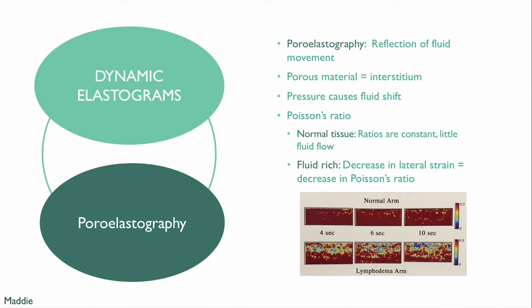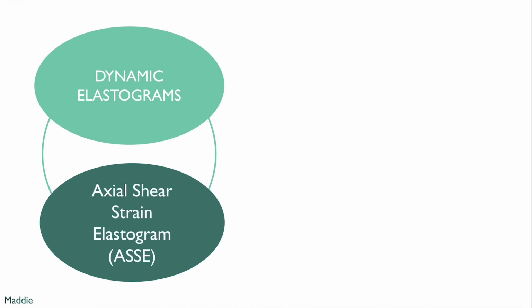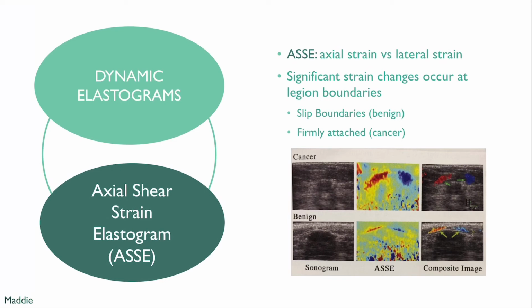The final method of dynamic elastograms that we discuss are axial shear strain elastograms, better known as ASSEs. This method is also generated by comparing axial strain versus lateral strain. When we apply a constant strain to the axial dimension, ASSE measures the resulting strain in the lateral dimension, or vice versa.